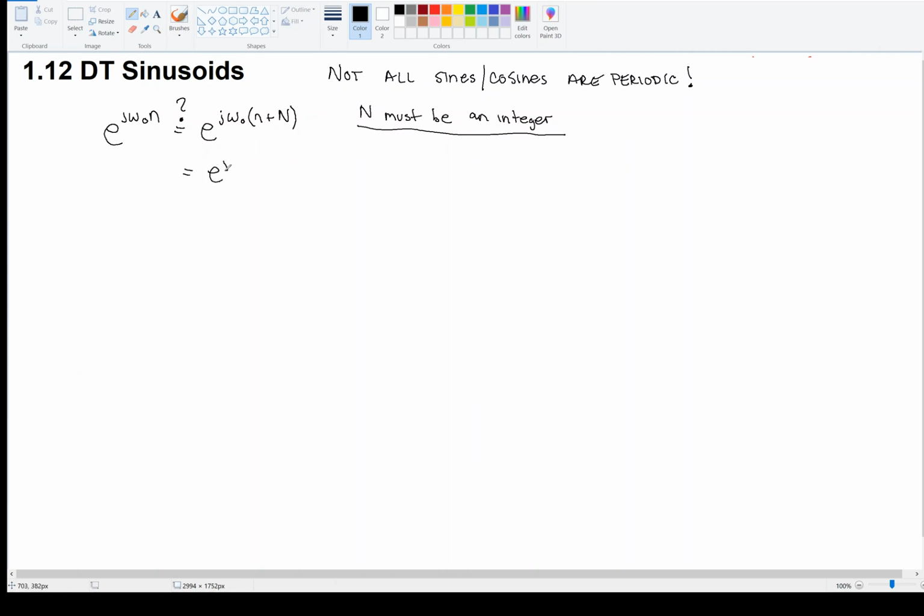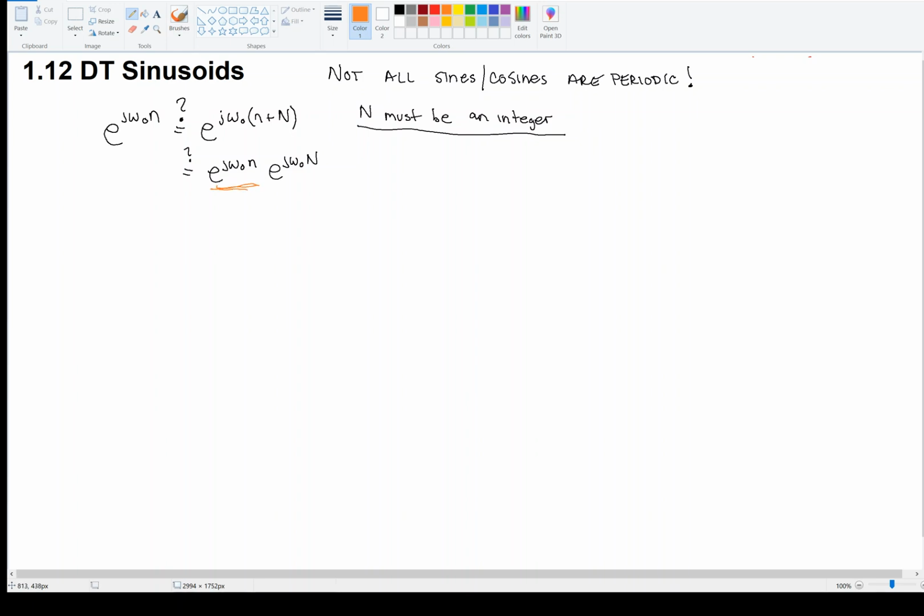Use a property of exponents to make this like this. All right, now I compare the left, and remember this is still a question mark. We're not sure if those things are equal. I compare the left with the right, and I see it. I have the right here.